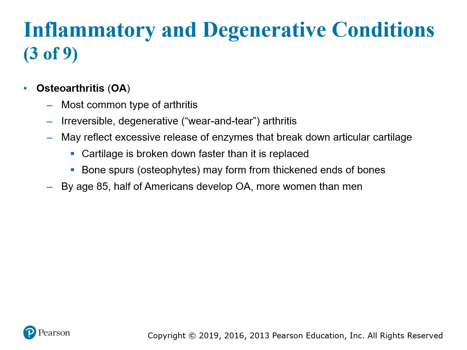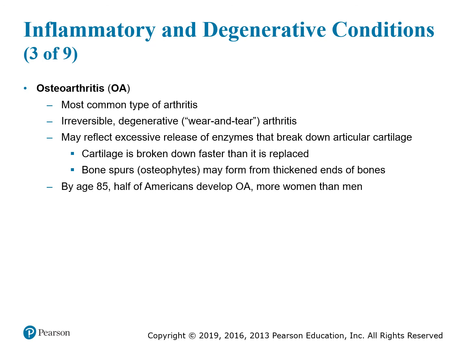When the cartilage is broken down faster than it's replaced, osteoarthritis results. Bone spurs are very typical with osteoarthritis. Bone spurs are also called osteophytes and may form from thickened ends of the bone.